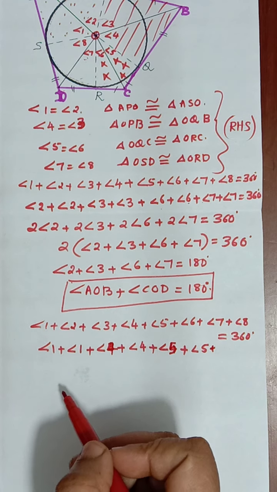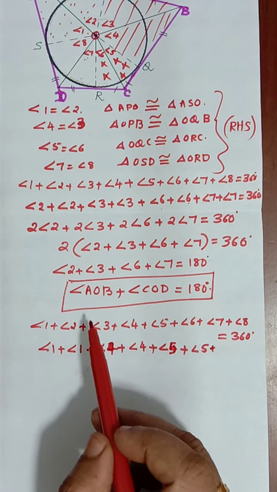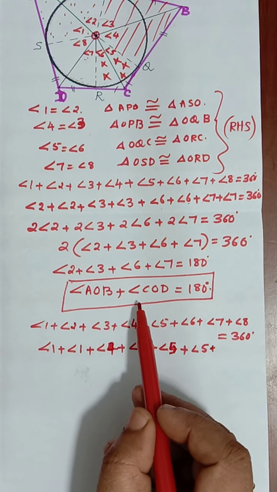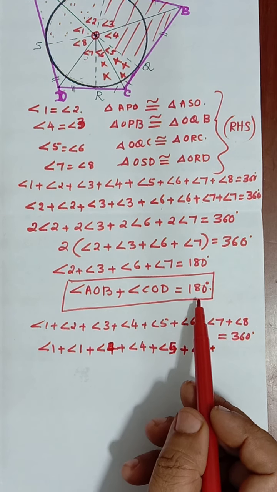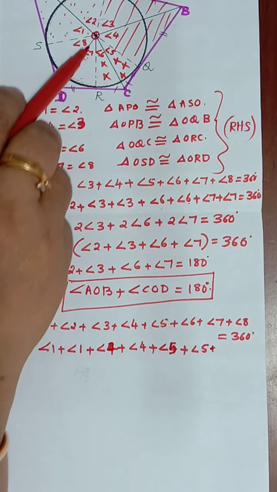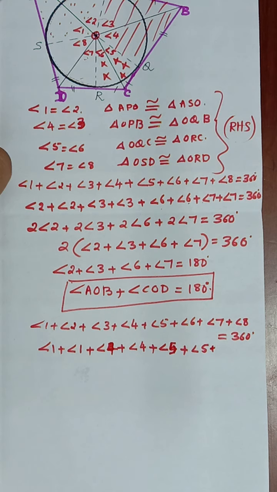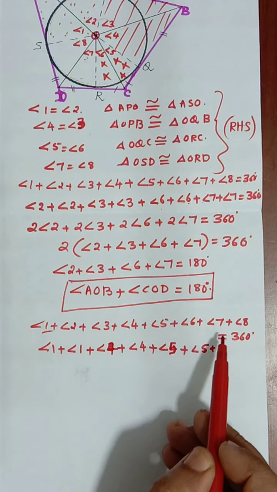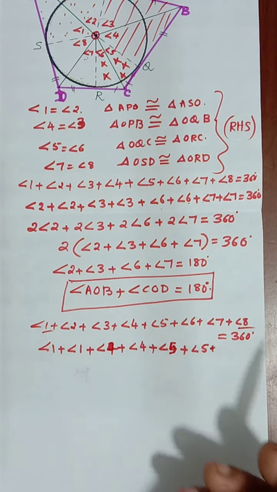It is like this. We have already found out AOB plus COD equals 180 degrees. Next thing is AOD. AOD is having 1 and 8. 1 and 8 should be there, 1 plus 8 and COB.